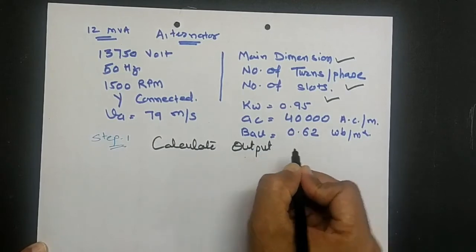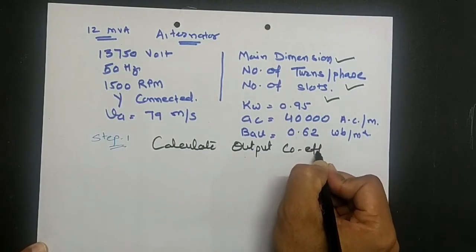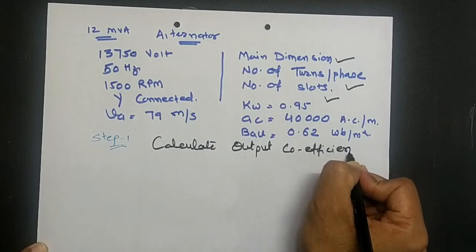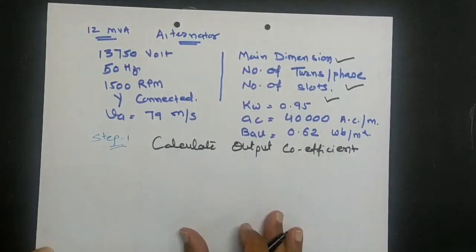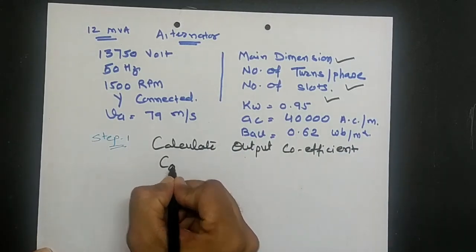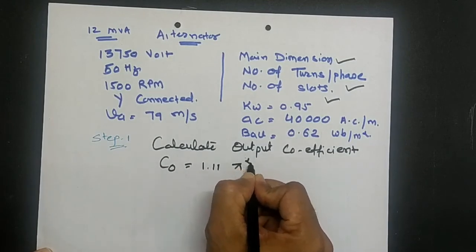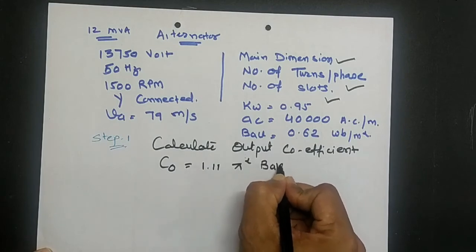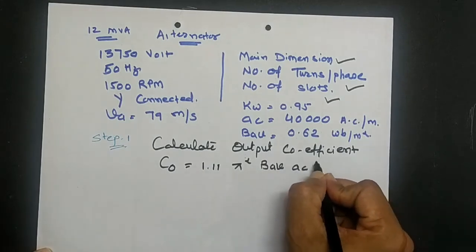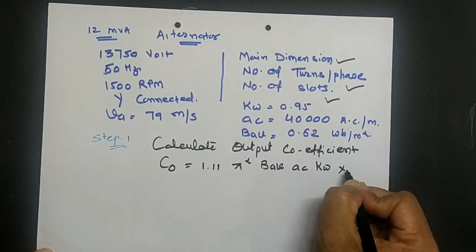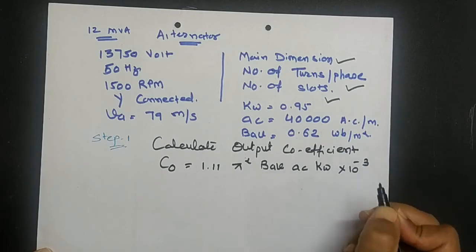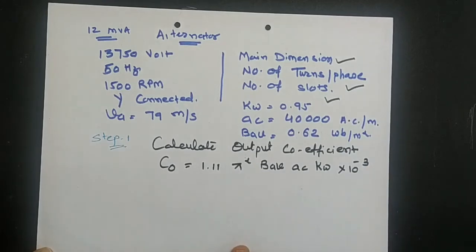We know the equation for output coefficient: CO = 1.11 pi square BAV AC kW multiplied by 10 raised to minus 3.